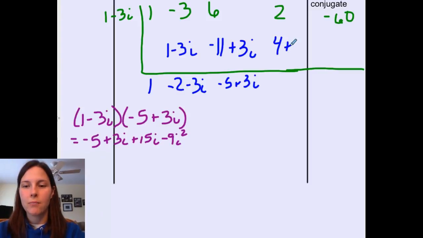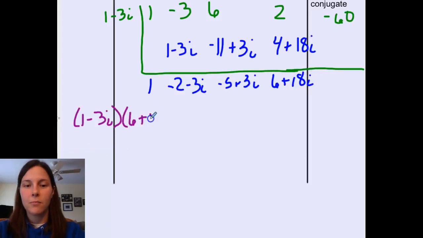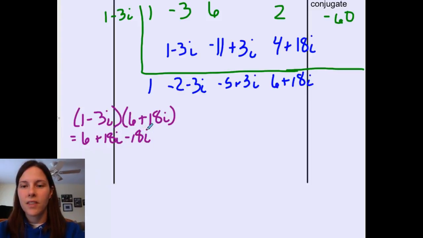And the 3i plus 15i gives me an 18i. Adding my real numbers together, multiplying that result by the zero. 1 times 6, 1 times 18i, negative 3 times 6, and negative 3i times 18i.